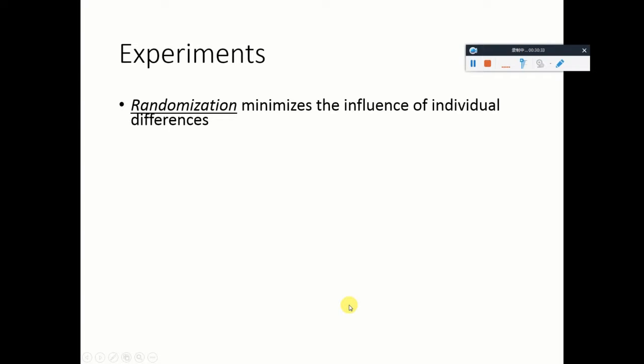The way that experiments naturally handle this kind of critique is by a process that we call randomization. Okay, so the beauty of randomization, which we'll define in a minute, is that it would reduce the influence of the personality effects of participants to as small as possible.